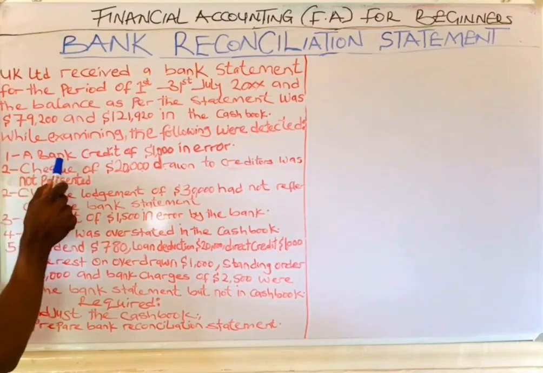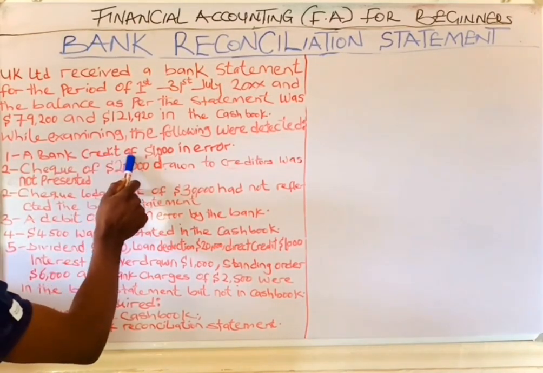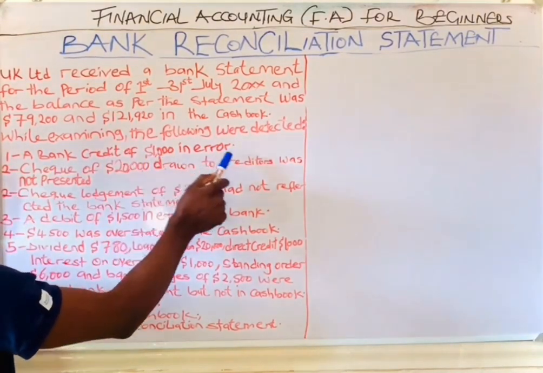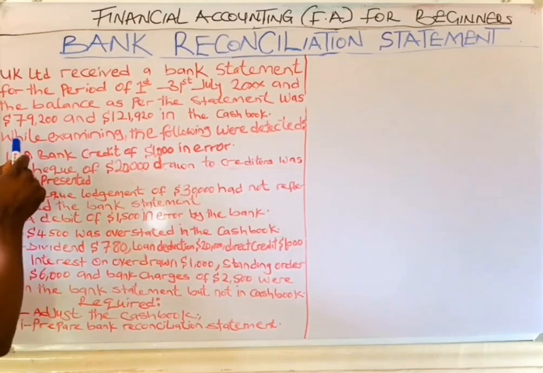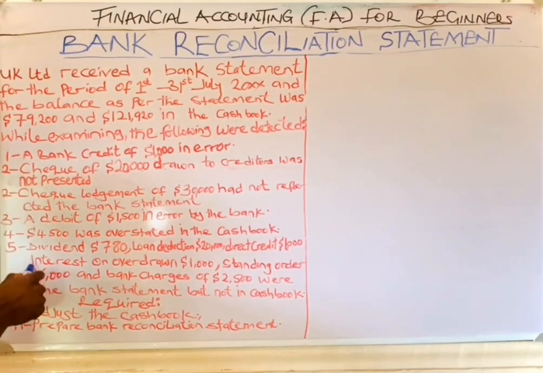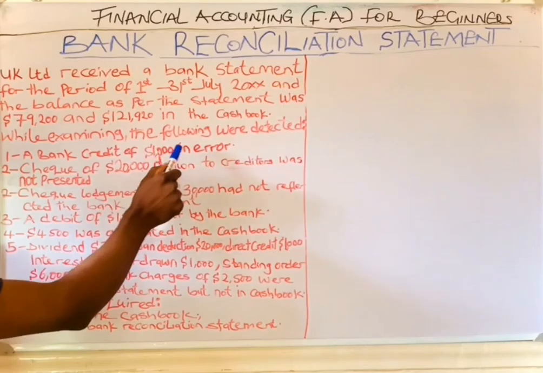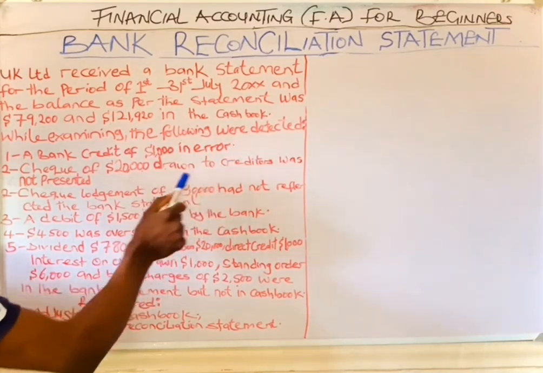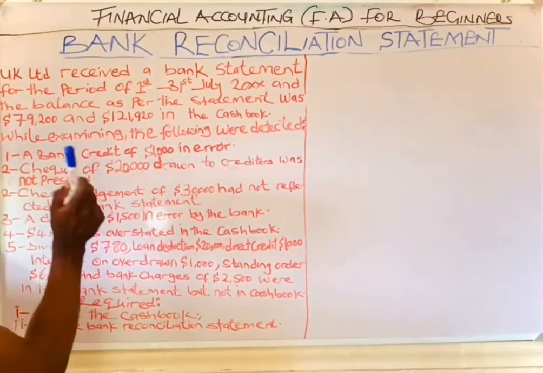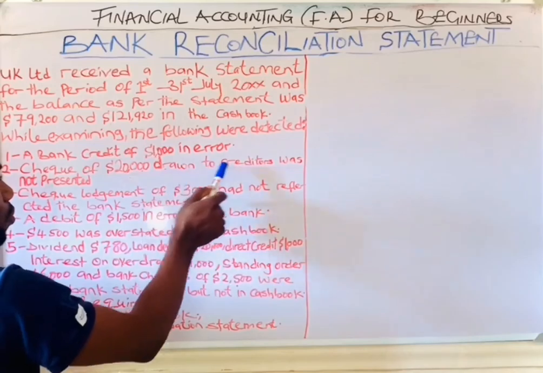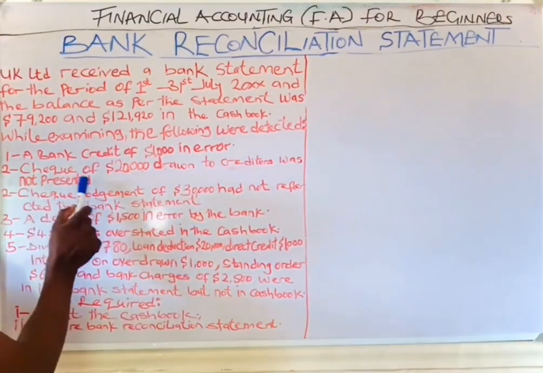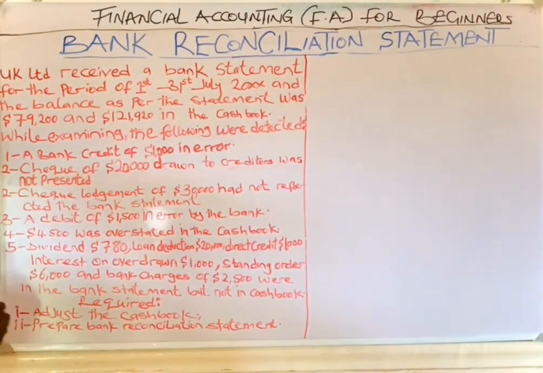1. A bank credit of $1,000 in error. As you're reading, be identifying the transaction. This is an error in the bank, and it will be corrected in the bank statement. A check of $20,000 drawn to creditors was not presented. This is an unpresented check.